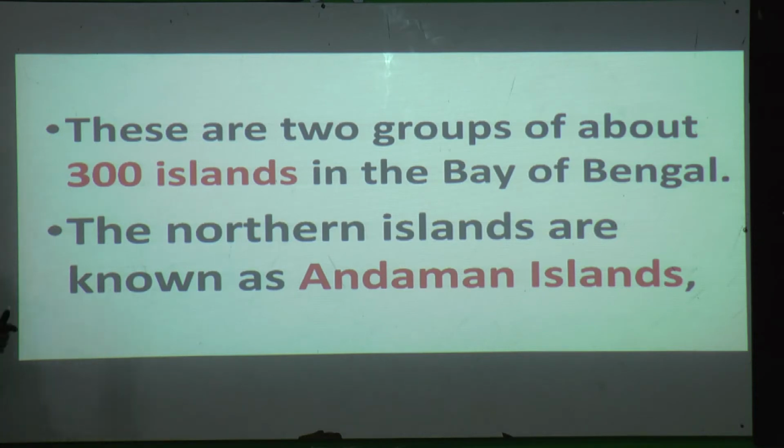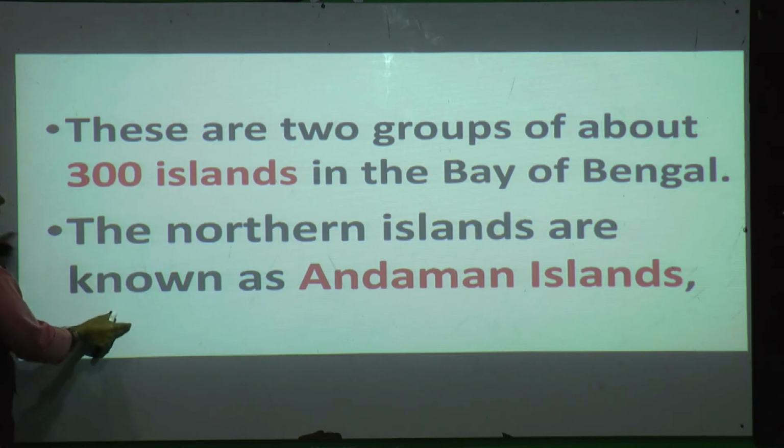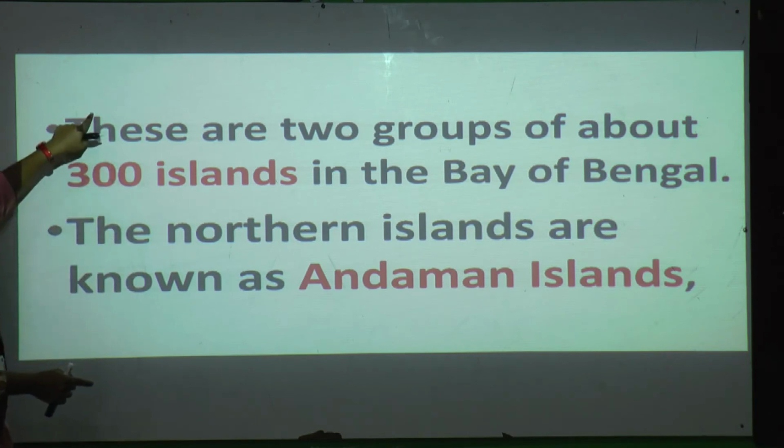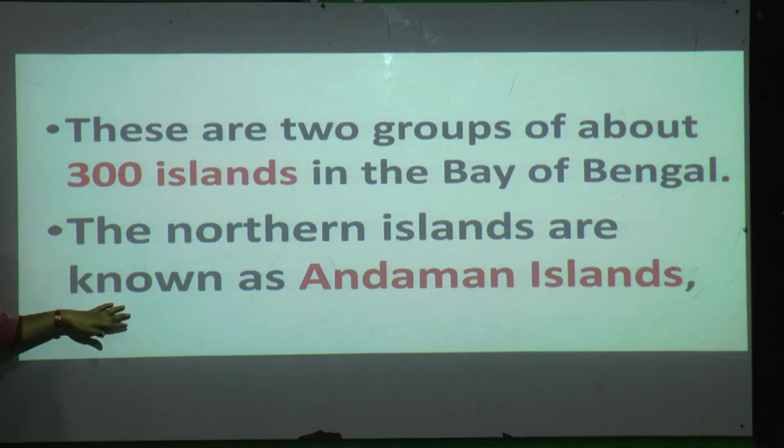Yes, upside. Okay, showing upside. So which side is it, north or east, west or south? Obviously it is on the north side. So the northern islands are known as the Andaman Islands. Now go for next.